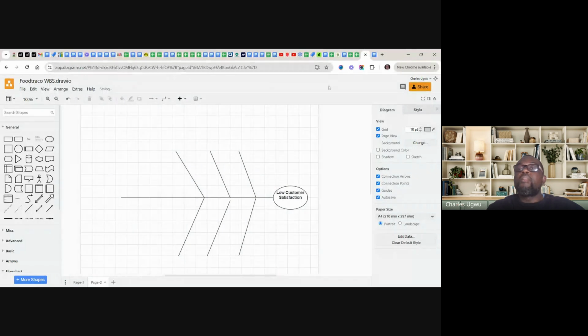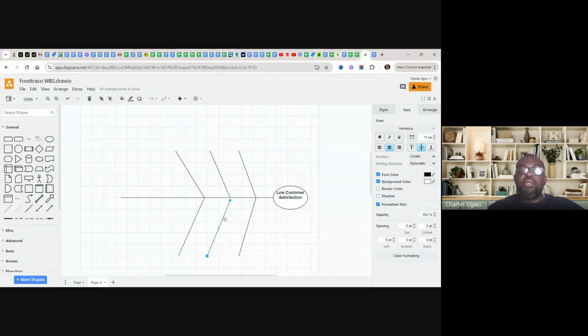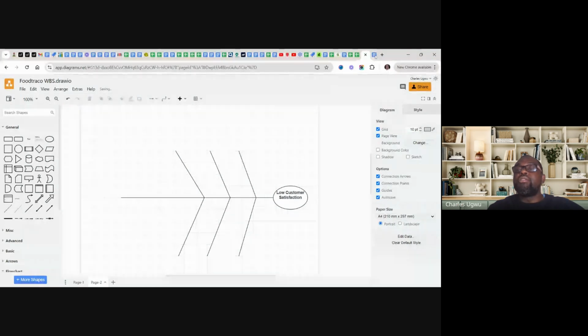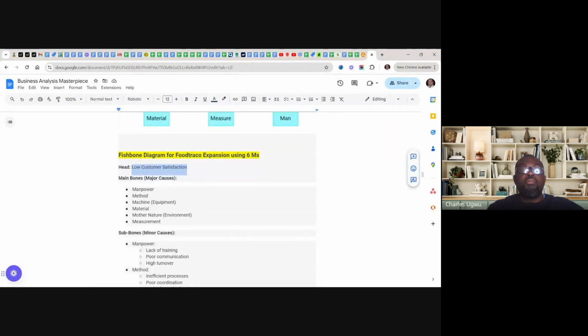And then we have 6 potential causes of this. Number 1 here is manpower, method, machine.